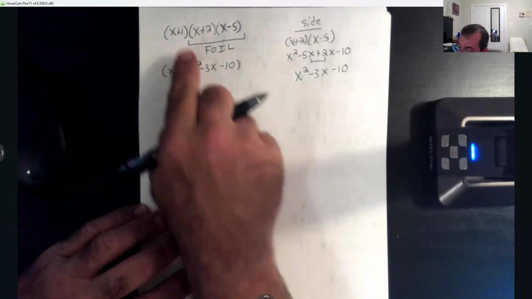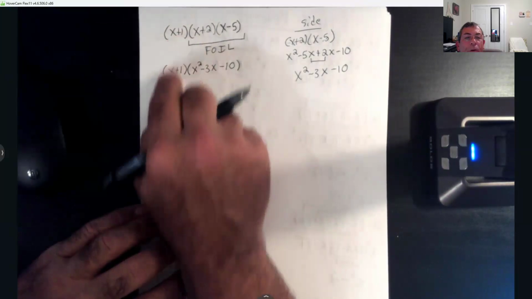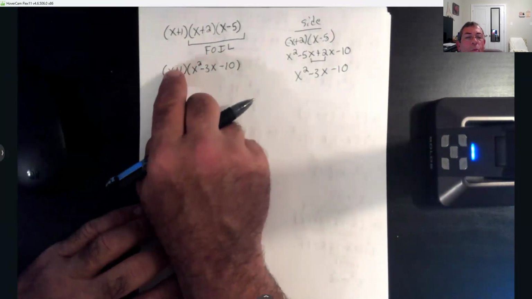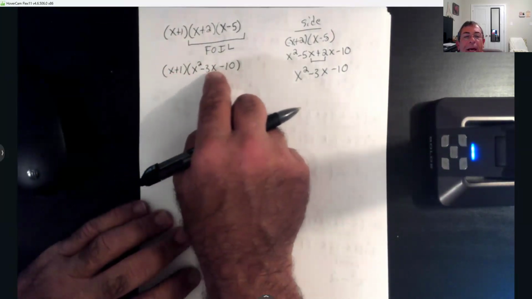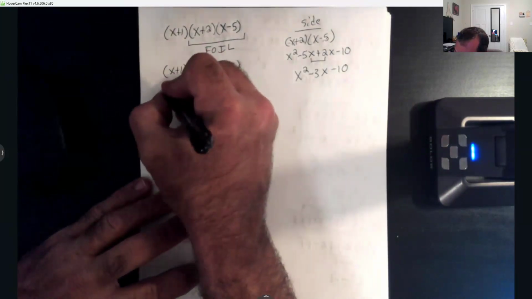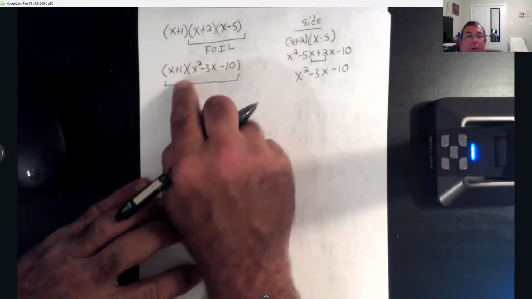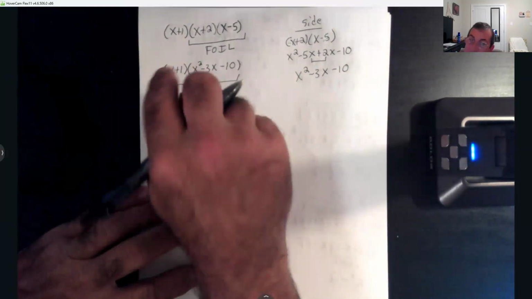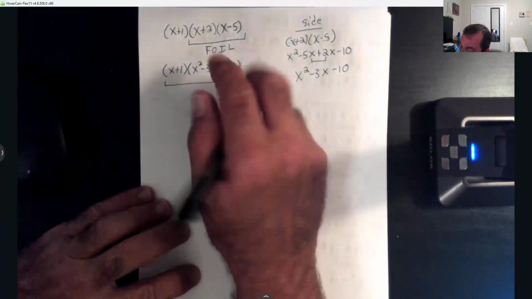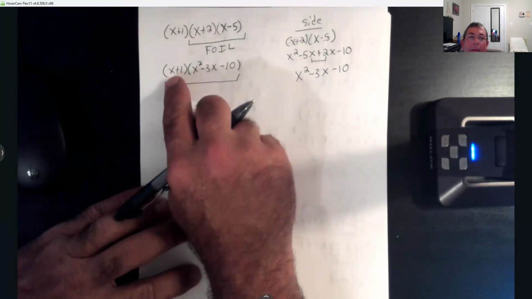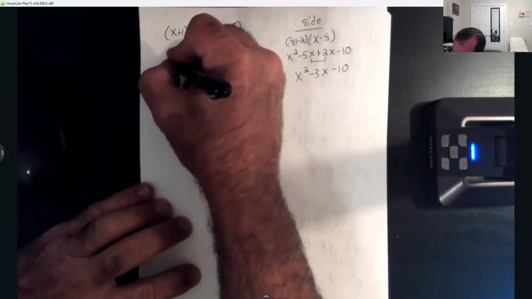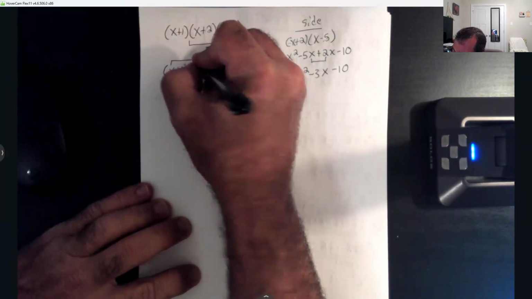But check this out. I still got the x plus 1 in the front. This x plus 1 now gets multiplied by all of this. So this is going to foil, but it's a little bit more to the foiling, okay? You're going to take this x times all 3 of these.